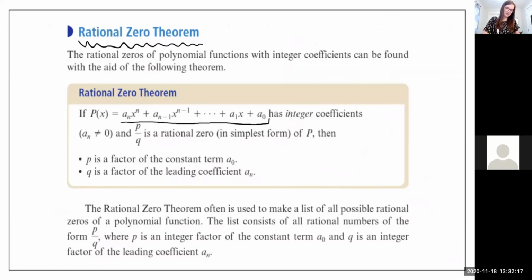But let's say you have a polynomial. What this is saying is that you can look at the first and the last coefficients of that polynomial, and those will help you find potential zeros that will let you divide out and continue factoring.